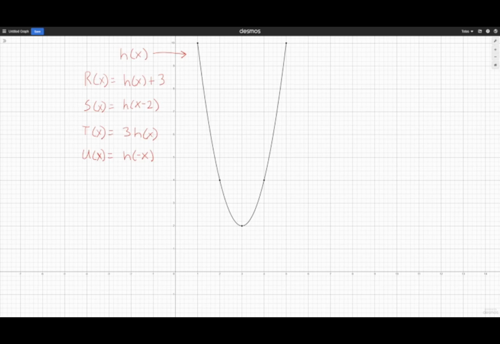Try to figure out what the new values would be for the points in the table given these transformations. If you want an extra challenge, before you put the new transformations into Desmos, try to graph the functions by hand. Just sketch it out based on these points and what you know should happen to them. I'm going to show those graphs and tables in 3, 2, 1.